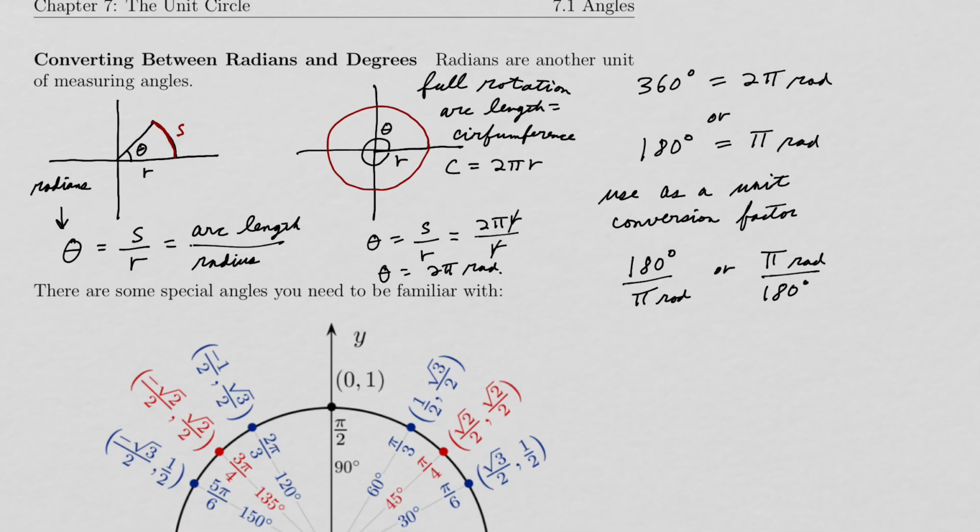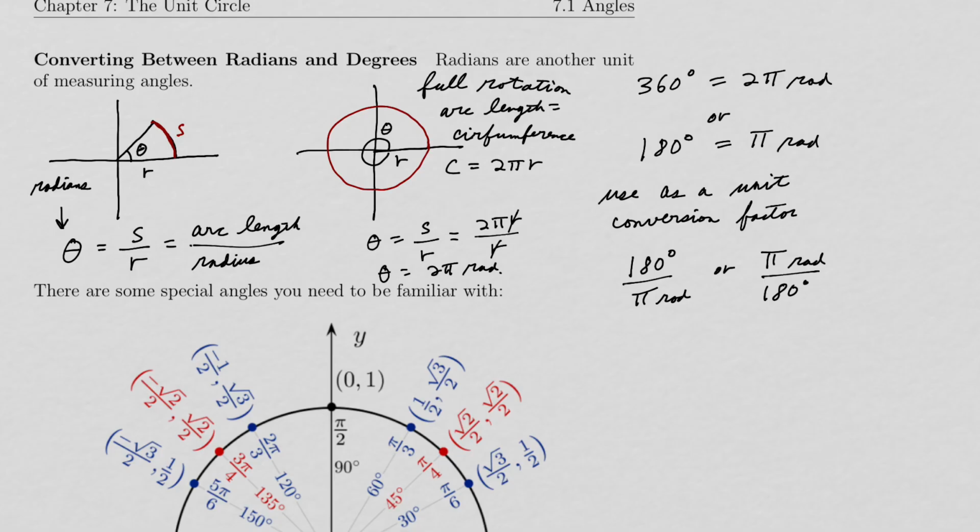If I want to convert from degrees to radians, I'd multiply by this unit conversion factor. There's also other ways you could do this. You could also form ratios. You could form like a proportion. So there's many, many different ways of doing this. I like to use unit conversion factors when I convert from radians to degrees.